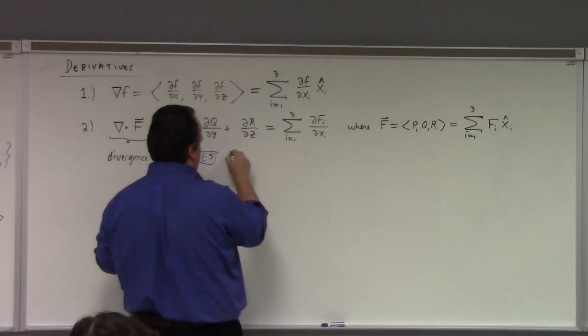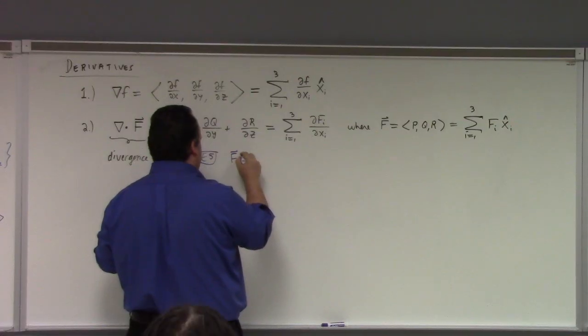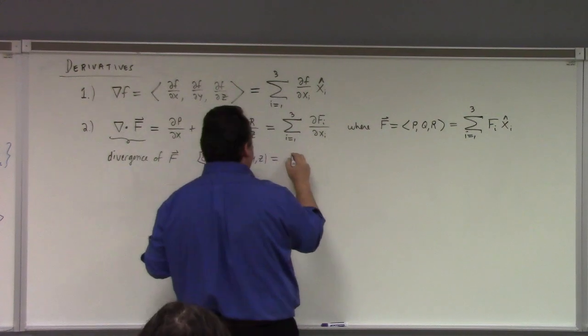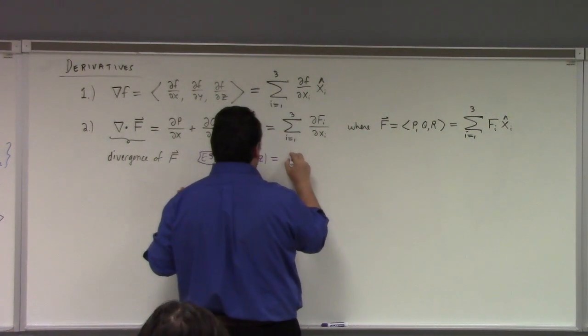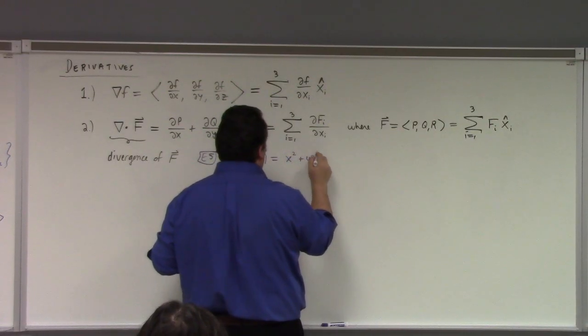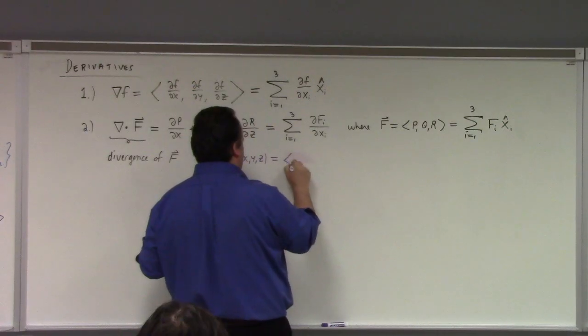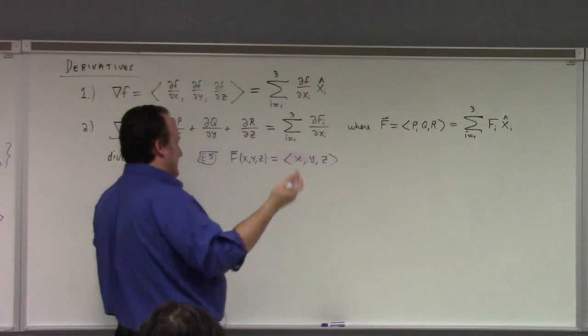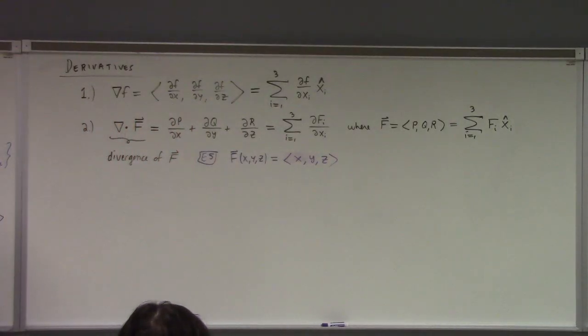If I have f of x, y, z equal to, well, let's say, oh man, what's wrong with me? Vector field, right? Here, we'll keep it real simple: x, y, z. That's one of the simplest vector fields you can think about, just the position vector field. It points radially out from the origin, and the length of it is how far you are from the origin.